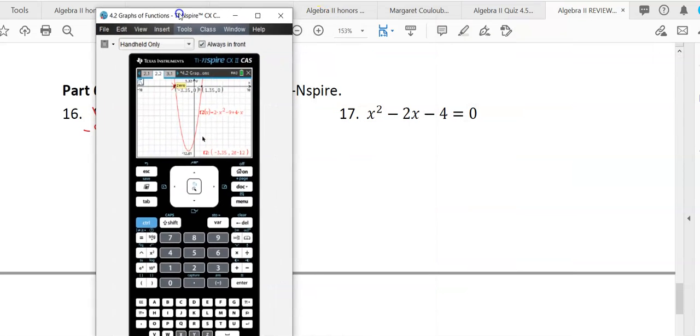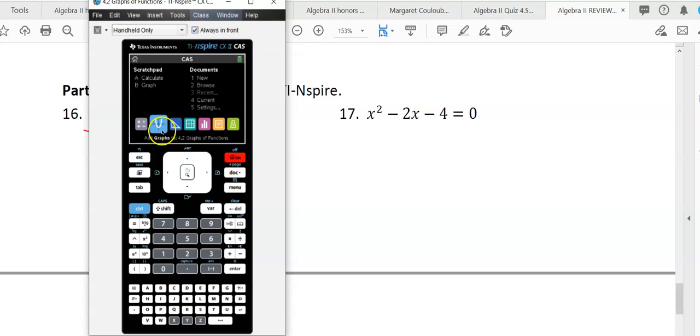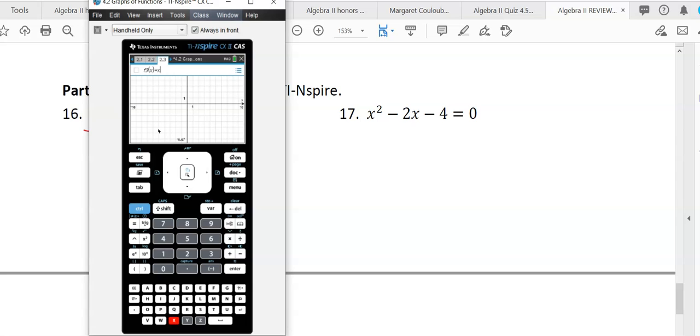So there are two solutions there. Set this one equal to 0. Oh, it's already set equal to 0. This should be quick. So x squared minus 2x minus 4. Trace that thing. So menu 5.1. 3.24, so x equals 3.24.